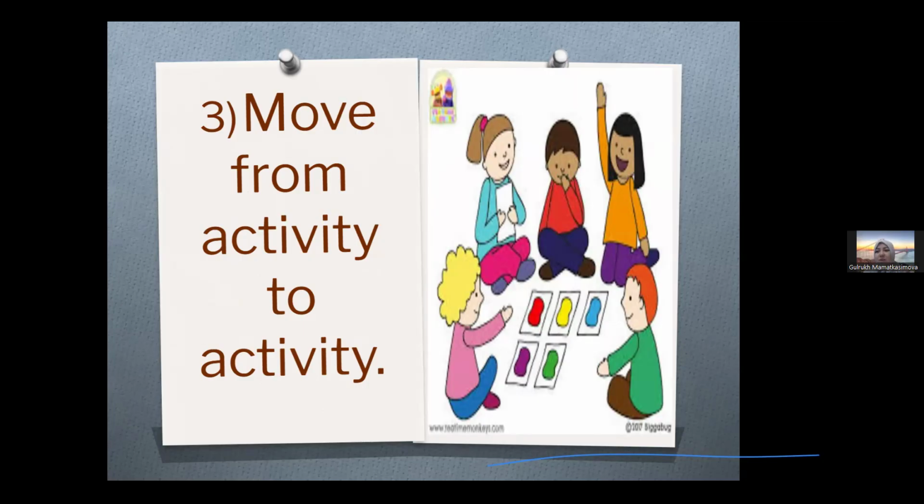Because of their short attention span, it's good to move quickly from one activity to another. And if you teach a song or tell a story, don't spend the whole class time on it. Try to vary. And here is suggested differentiated instruction as well.